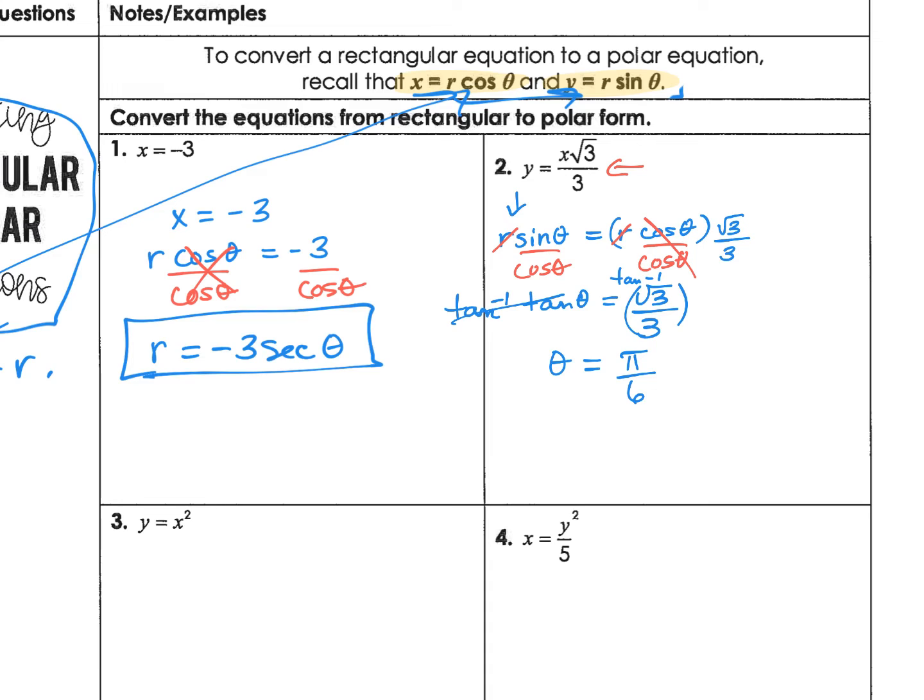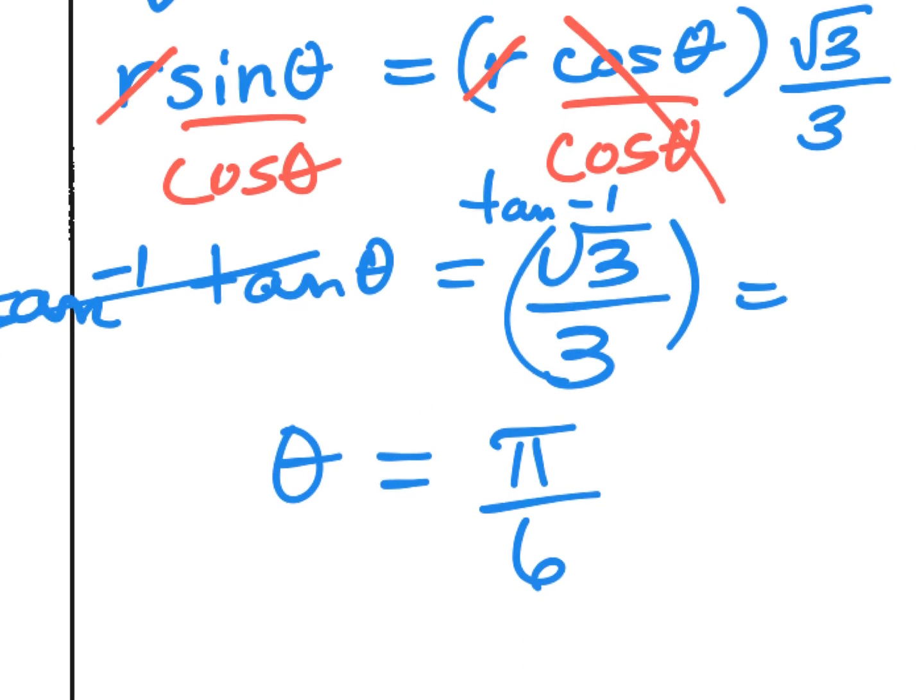Yes, ma'am. I did inverse tangent. Inverse tangent to undo tangent. Did you find the inverse tangent of √3/3 right here? Okay, because I thought it was higher than 3.